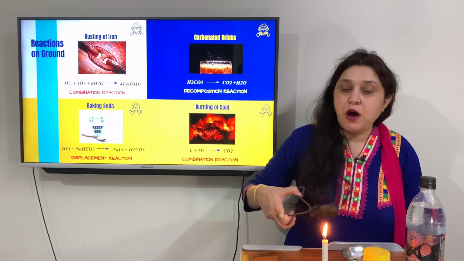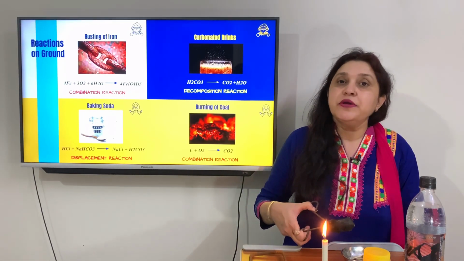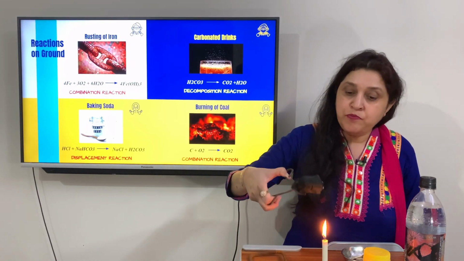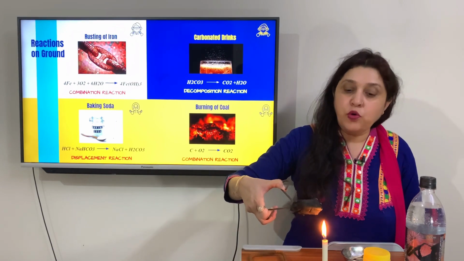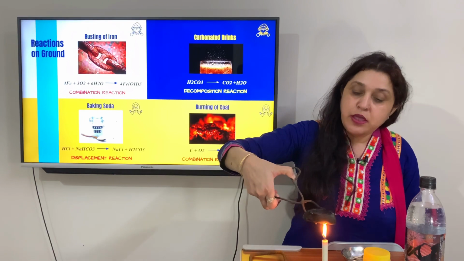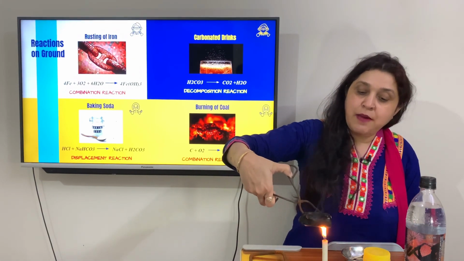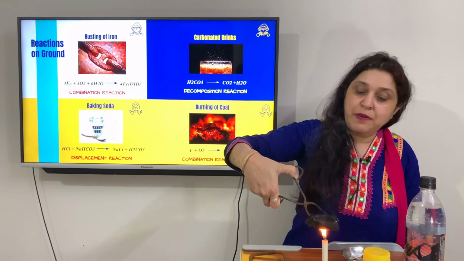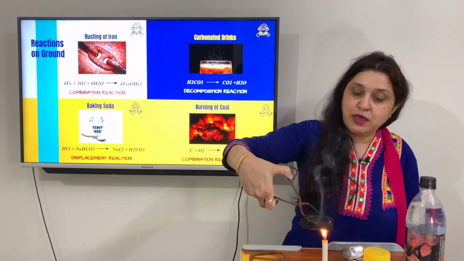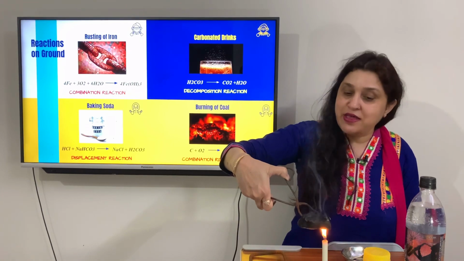Now we will discuss some examples of types of reactions which we observe in our daily life. First, this is coal, and you know that we use coal for ironing clothes, and if we burn this coal in the presence of oxygen, see, I am burning this coal in the presence of oxygen and a gas starts producing, and this gas is carbon dioxide gas.